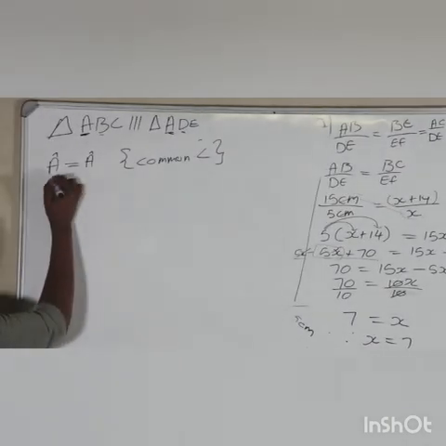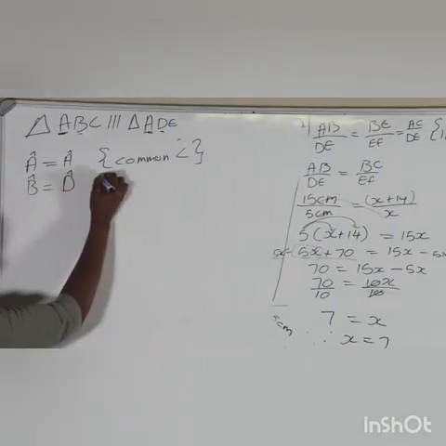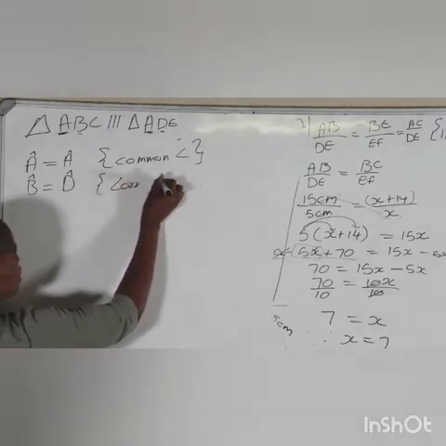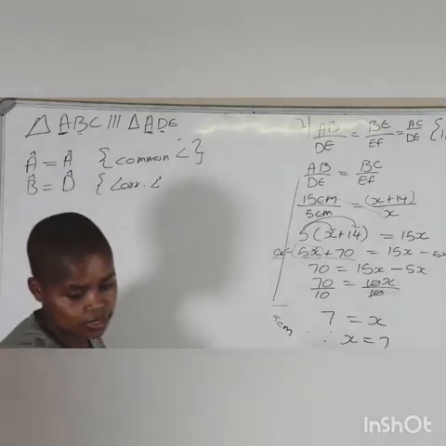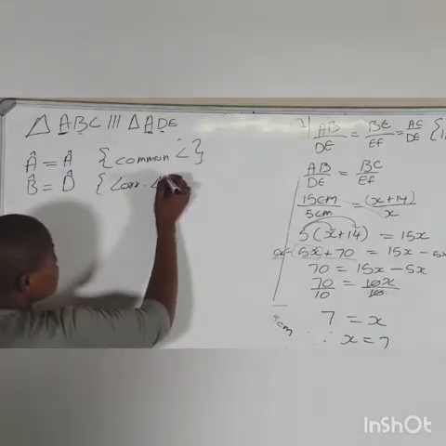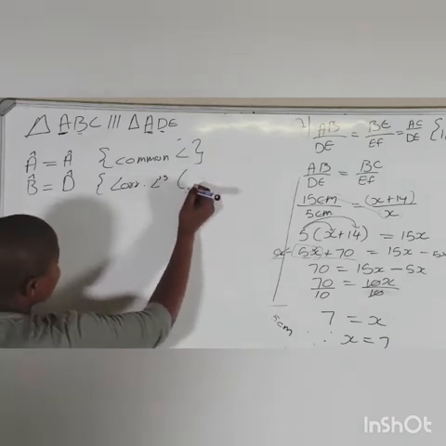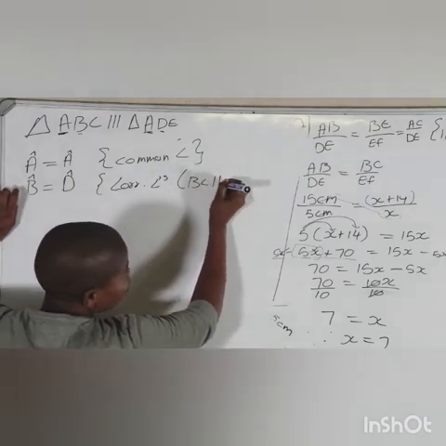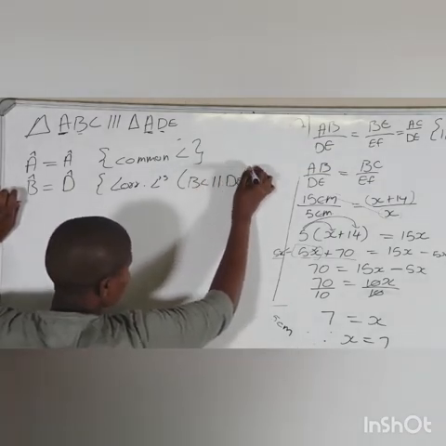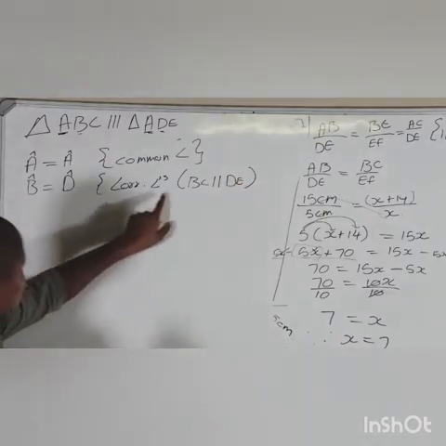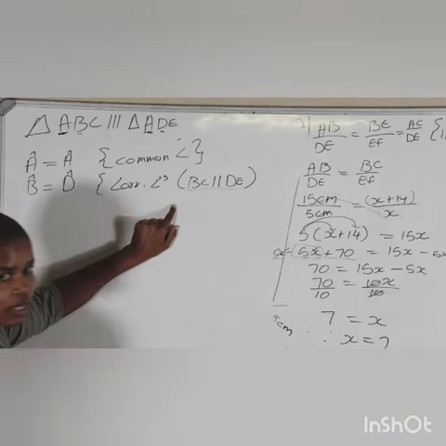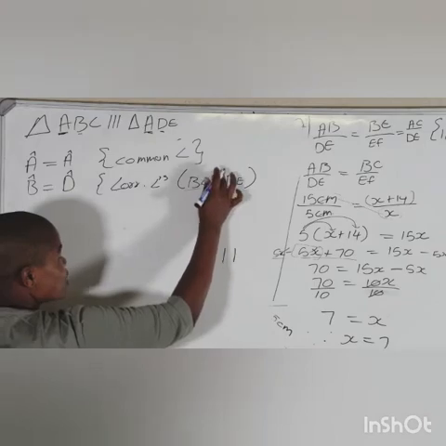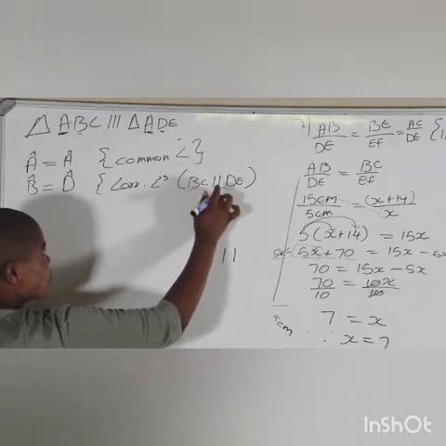So we've got angle B equal to angle D. Why? Corresponding angles of parallel lines. Which lines are parallel? BC is parallel to DE. It's very important that you tell us they are corresponding angles because these lines are parallel. This notation that I wrote here indicates that lines are parallel.